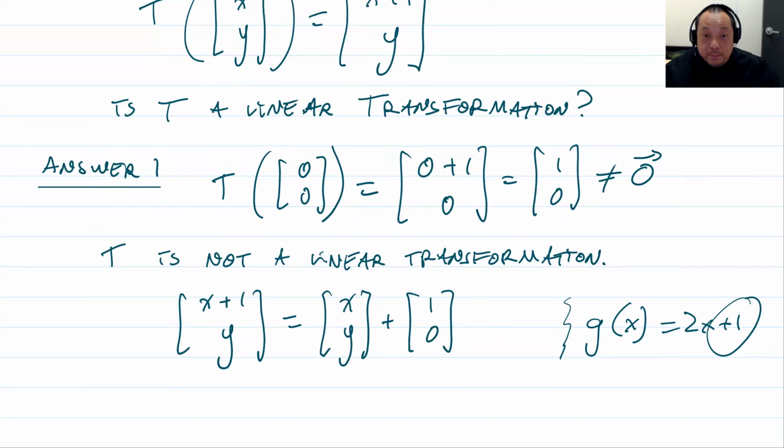So in the world of linear transformations, addition of constant vectors is very troublesome. If you see something like that, go in the direction of trying to prove that it is not a linear transformation. That's answer number 1, by using property 3.